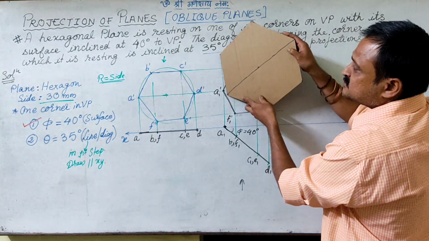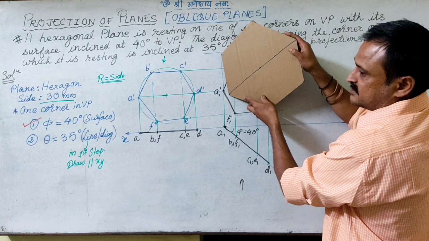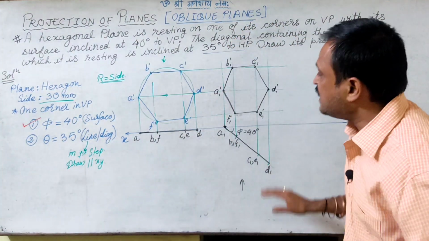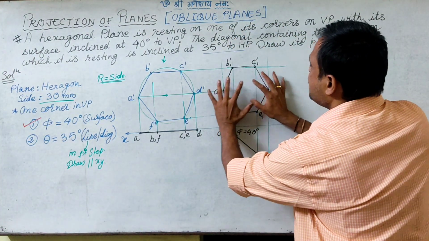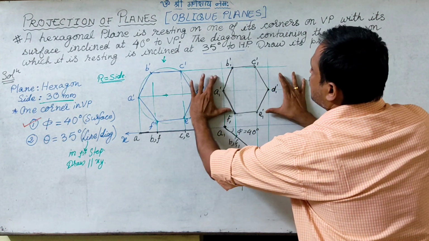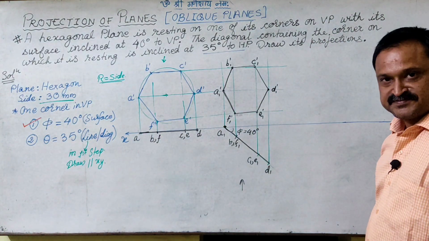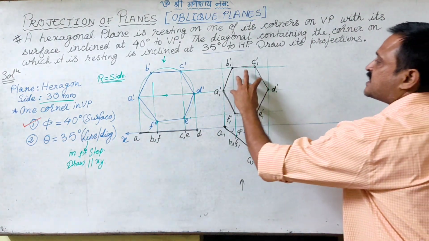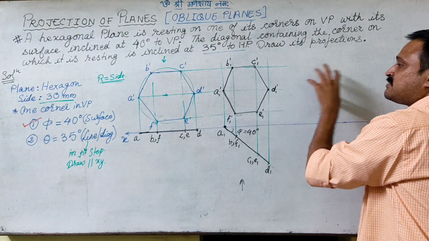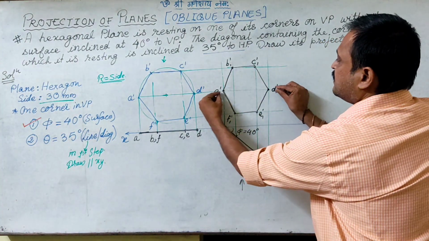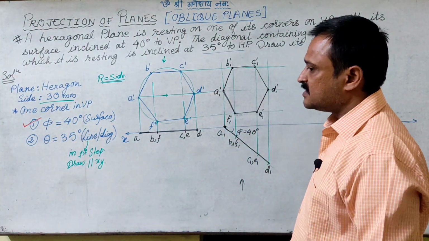Only the orientation is going to change by this, right? So that means I have to simply reproduce this same hexagon, as if tilted by AD inclined at 35 degrees, right? So I have to reproduce this same hexagon here with A1 D1 inclined at 35.